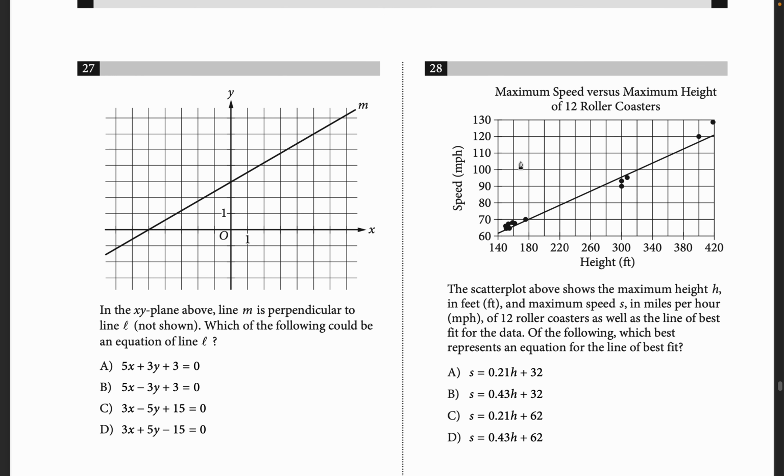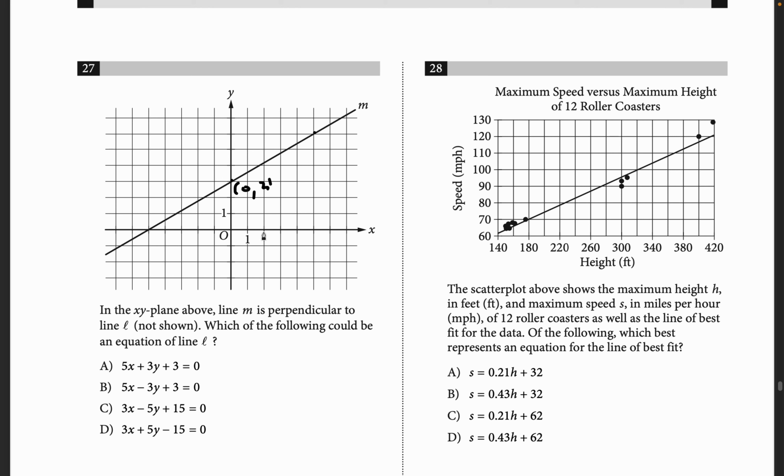The line M is perpendicular, which is fine, could be. Okay, so we want opposite reciprocal slopes. So 1, 2, 3. This is 0, 3. Then what else do we have? Another point we can use.